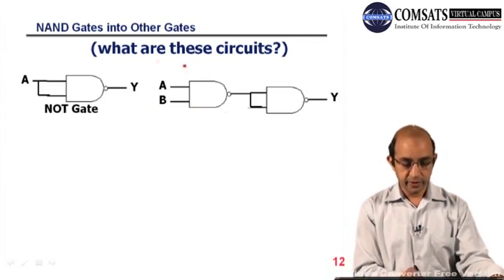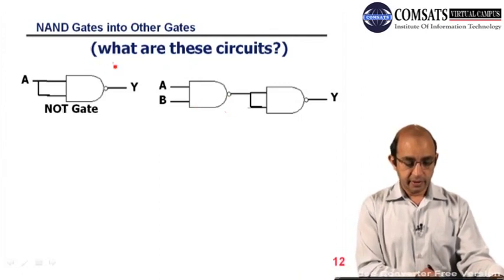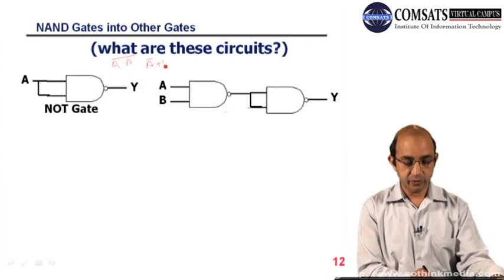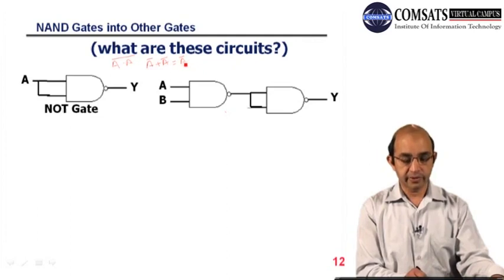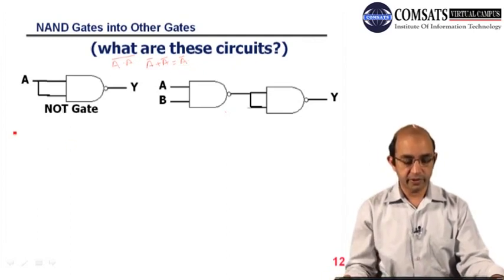Here I have a dot a whole bar, so I will be using De Morgan's law. Break the line, change the sign, so I will have individual terms: a bar plus a bar is equal to a bar. So I started from here and I got this complement, which means this is the functionality of a NOT gate.